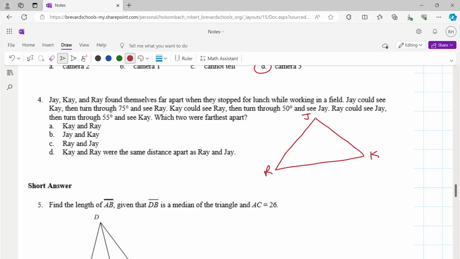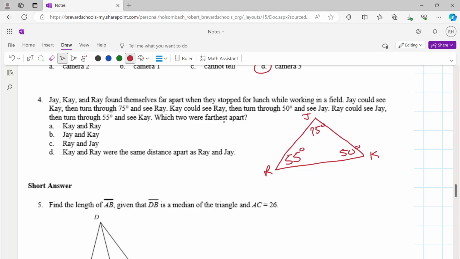That makes this angle here at J 75 degrees. K could see Ray, then turn 50 to see J. So that makes K 50 degrees. And then Ray, the R, could see J, turn 55 degrees to see K. So here's our 55 degree angle.